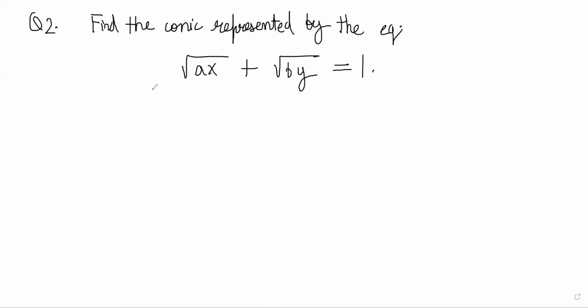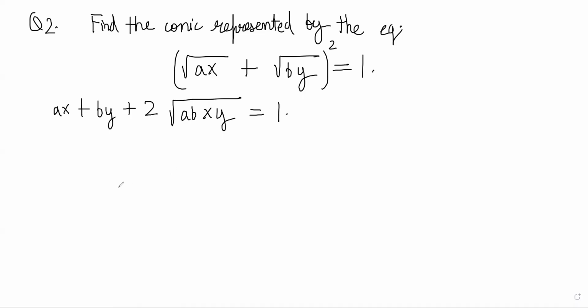First, we'll have to convert it into standard form, and the way to do that would be to square it. So I will do square on both sides. You will get ax plus by plus 2 times root over abxy is equal to 1. And still I have radicals here which I need to remove. So what I can do is 2 times root over abxy is equal to 1 minus ax minus by and square this thing.